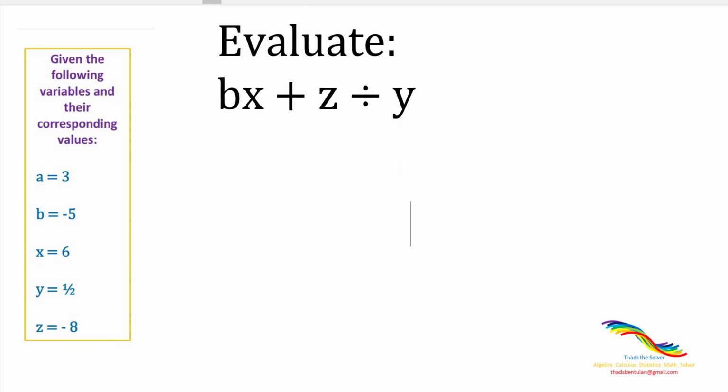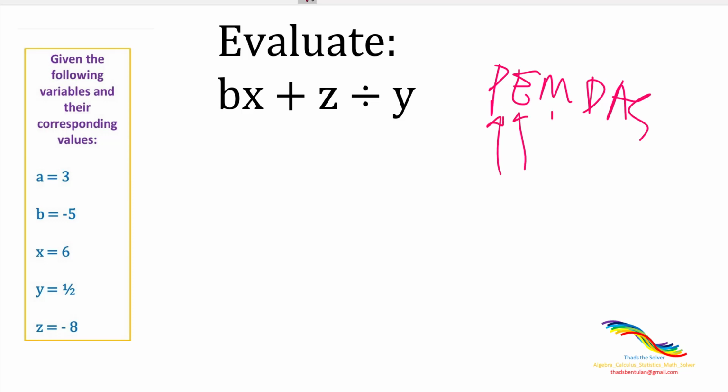We're going to attack this problem by looking at the formula or the code word or our tip, the hierarchy of operations, PEMDAS. Parenthesis first, exponent, multiplication, division, and then addition.